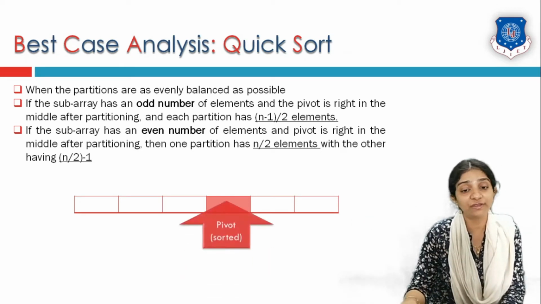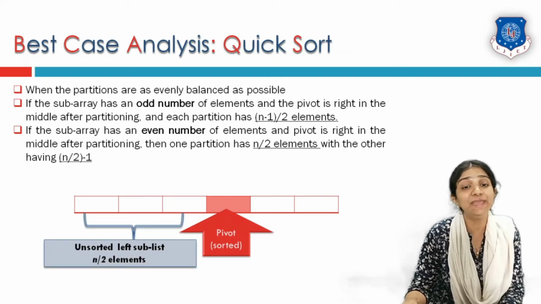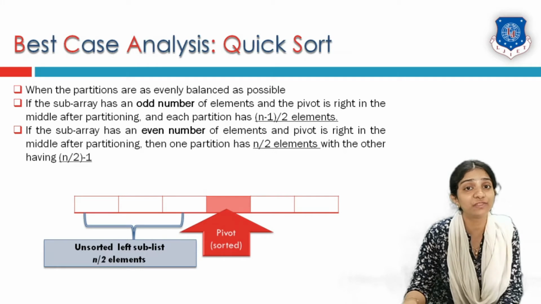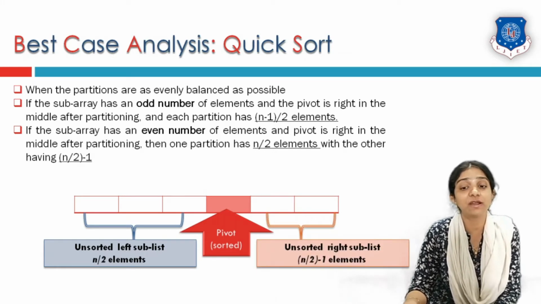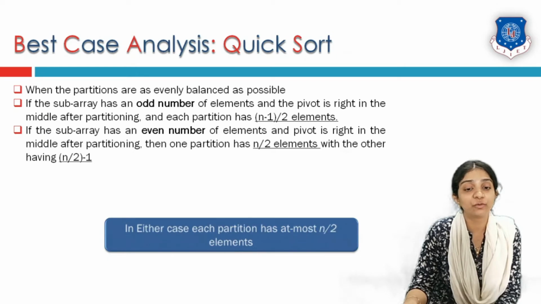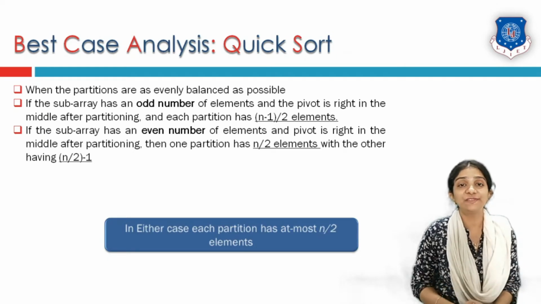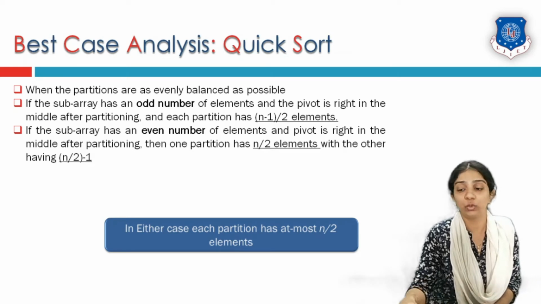Now the pivot is sorted, so there are n-1 elements. Towards the left there would be n/2, that is, out of 6 there are 3 towards the left, and the remaining elements are n/2 - 1, that is 3 - 1, which equals 2. So in either case each partition has a maximum of n/2 elements.